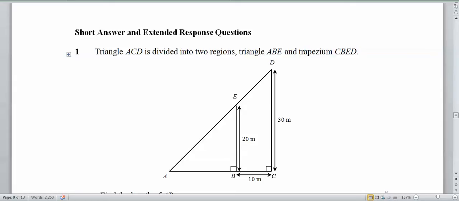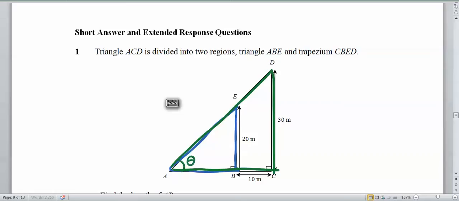Let's go through them. Similarity was not done very well by a lot of students. I don't know why. We've got that triangle AEB is similar to triangle ADC. Why is it similar? First of all, they share the same angle, which we'll call theta.